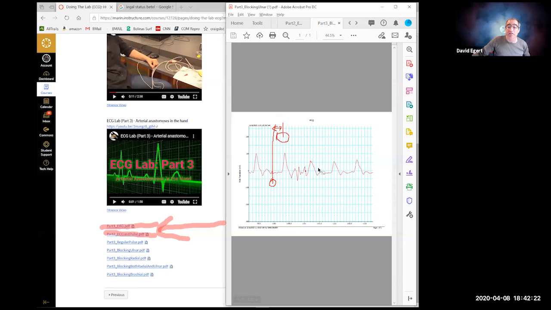And in your discussion, talk about both why the pulse is smaller, but also why the pulse does not disappear. Because the main part of part 3 is understanding there are certain things you can push on that are going to make the pulse go away, certain things that are not going to make it go away but will affect it, and understanding how that works. So these PDFs are doing that.